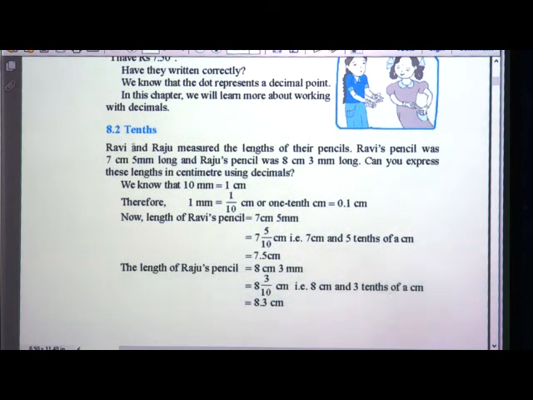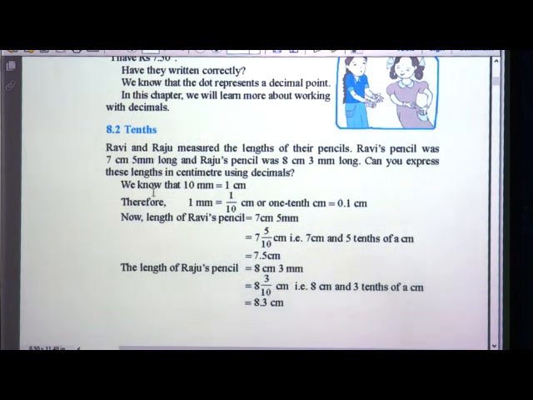See here, Ravi and Raju measured the length of their pencils. Ravi's pencil was 7 cm 5 millimeter long and Raju's pencil was 8 cm 3 millimeter long. Can you express this length in centimeter using decimals? Yes.